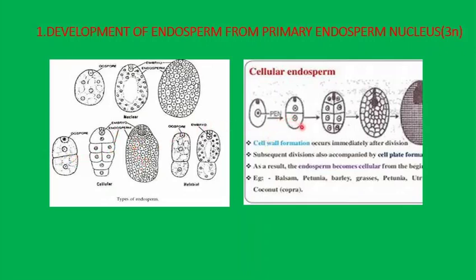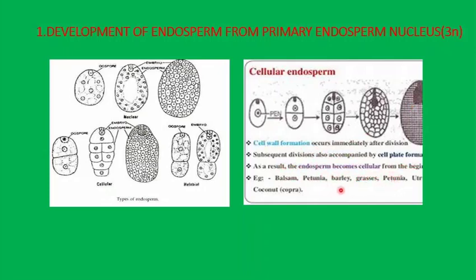The primary endosperm first divides into two and finally into 8. All are mitotic divisions, and it leads to the formation of the cellular endosperm. Cell wall formation occurs immediately after division. Subsequent division is also accomplished by cell plate formation. As a result, endosperm becomes cellular from the beginning.